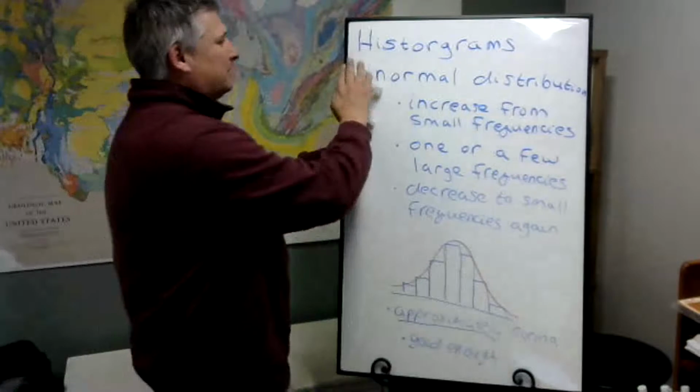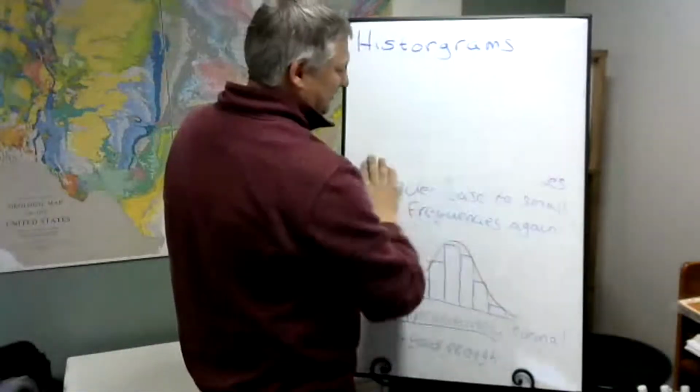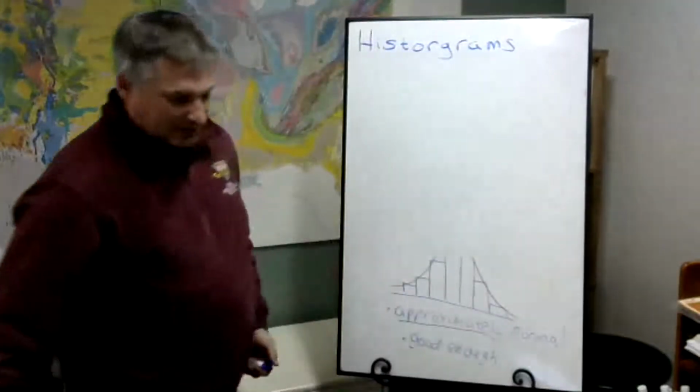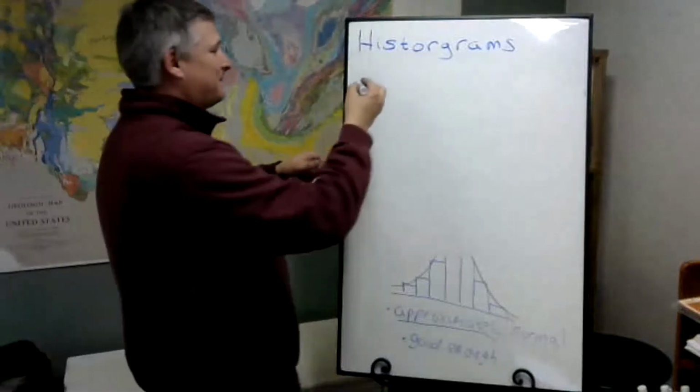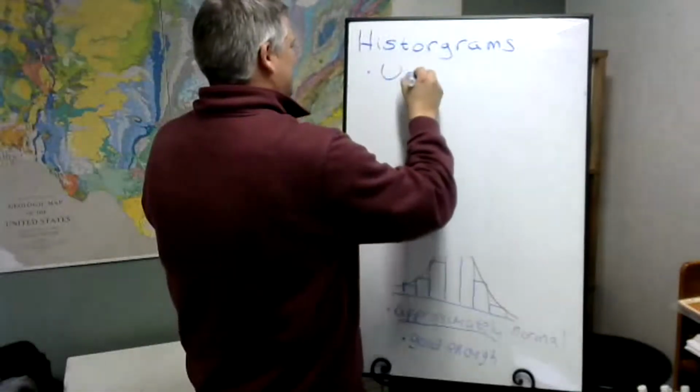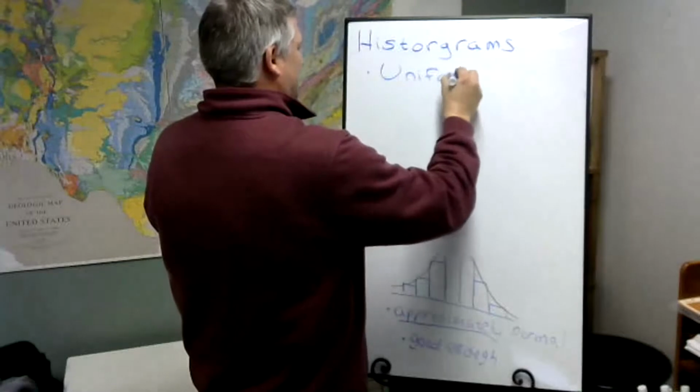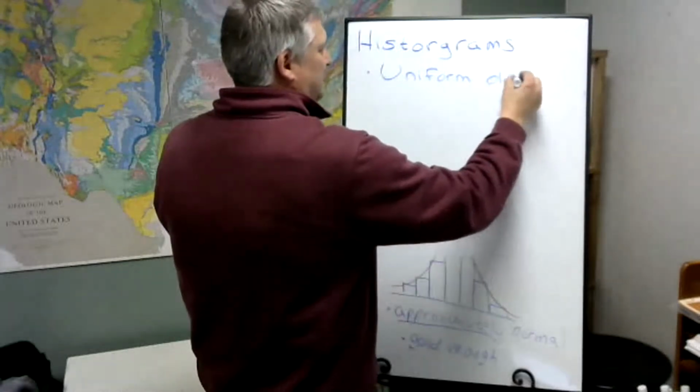The other kind we're going to take a look at here today is the uniform distribution. I'm going to abbreviate distribution.